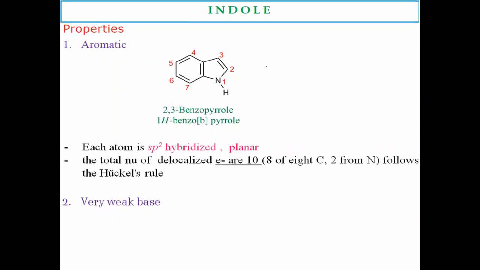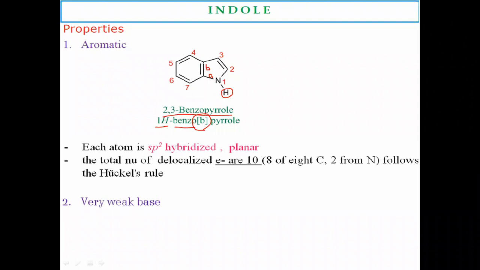Indole is a common name. Their IUPAC name is 2,3-benzopyrrole, or 1H, where 1H means the hydrogen is present at one position. Benzo is the B indicating the B side. This is the A side. This bond is A face, B face.